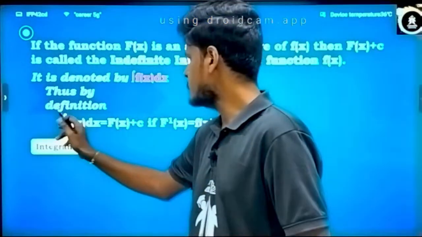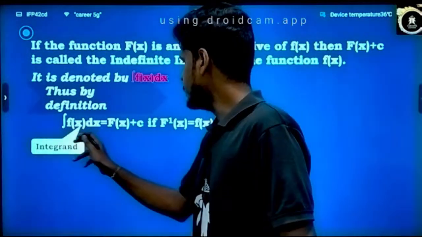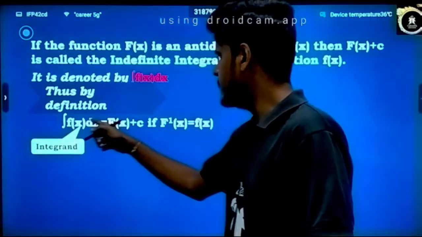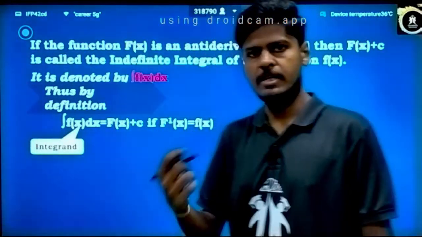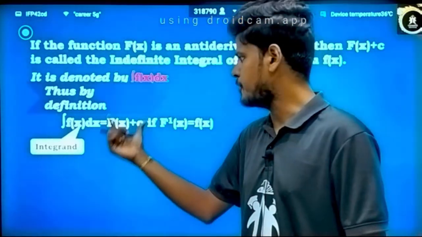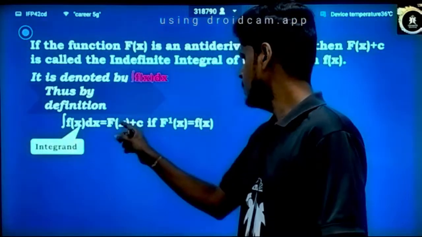This symbol is known as elongated S or the symbol of integration. And what is f of x? The function which we need to integrate is called the integrand. And this capital F of x is the result. This entire process is called integration or indefinite integration or the process of finding integrals.